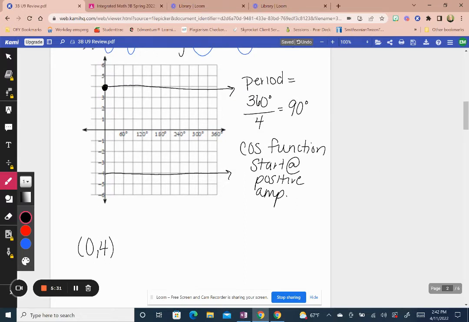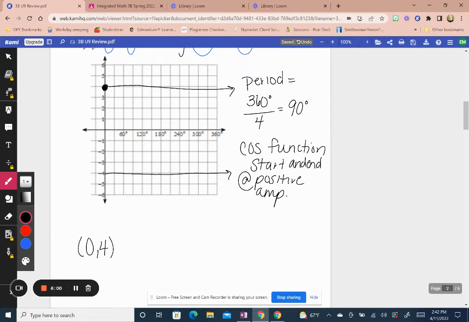And then it's also going to end at the positive amplitude. I'll put start and end. It's also going to end at the positive amplitude at the end of the period, which is 90 degrees. The way we know it's 90 degrees is this is 60, this is 120. Halfway between this is going to be 90 degrees. So this right here is my 90 degrees.